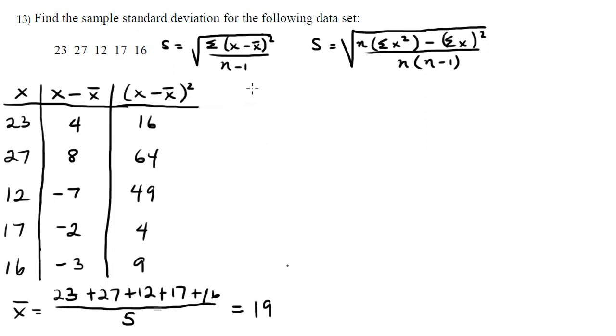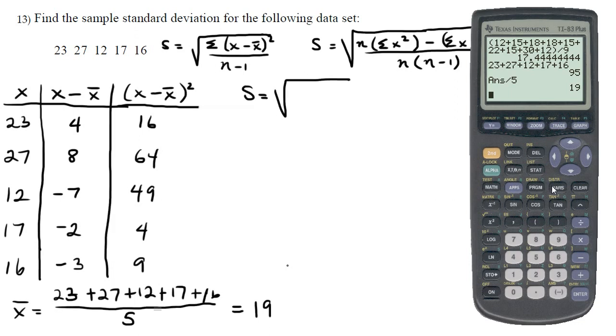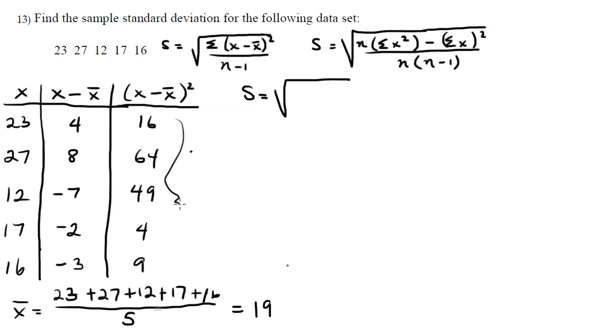Let's start putting them in. So I've got the square root of, let's add these up. Let's find the sum of the x minus x bars squared. So the sum of these, 16 plus 64 plus 49 plus 4 plus 9, it's 142. So I'll just, sum equals 142.